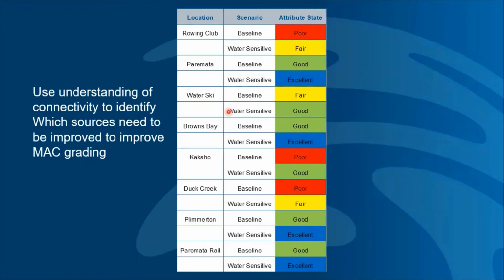What can be done with the models is use that understanding of connectivity to identify which sources would need to be improved to improve MAC grading. So if, for example, at the water ski site, the outcome was an improvement from good to excellent, what strategies would need to be put in place in terms of particular catchments and reducing the loads coming into the system?